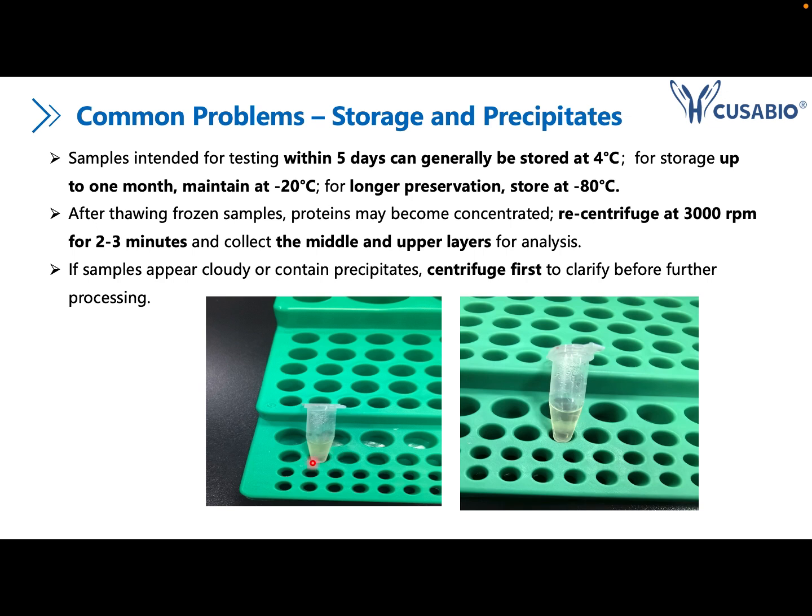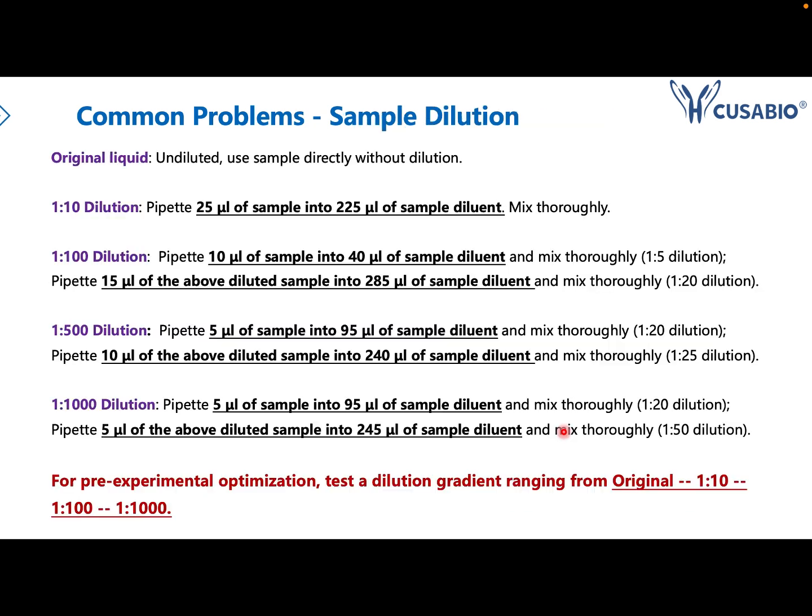If you see your sample is already cloudy or contains precipitate, you can generally just centrifuge first to clarify it before you do further testing. And another common problem researchers usually have during their testing is dilution. Sometimes our analyte concentration is too high, so it is not in the detection range of the kit.